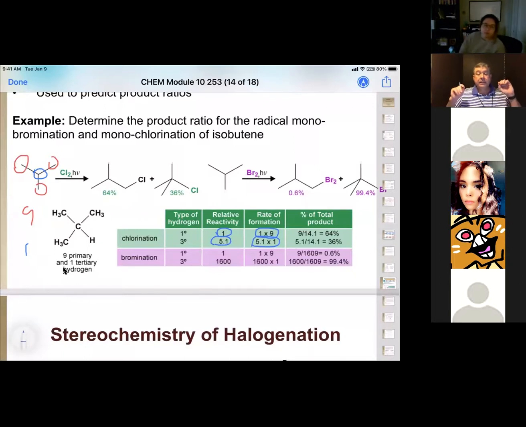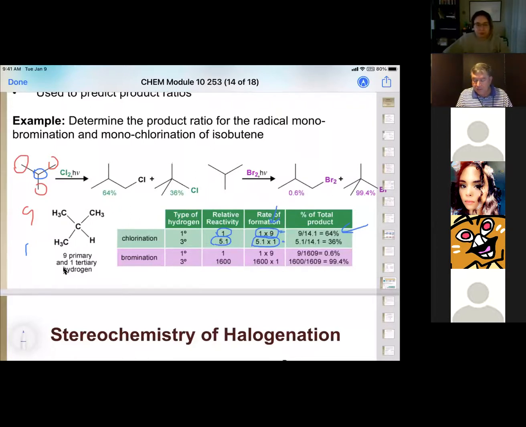And so the total rate of formation is 14.1, because this is equal to 9 and this is equal to 5.1, which means of those reactions, the ones that react with primaries will be 9 divided by the total, which is 14.1, which gives us a 64% likely yield of that primary halogenation.